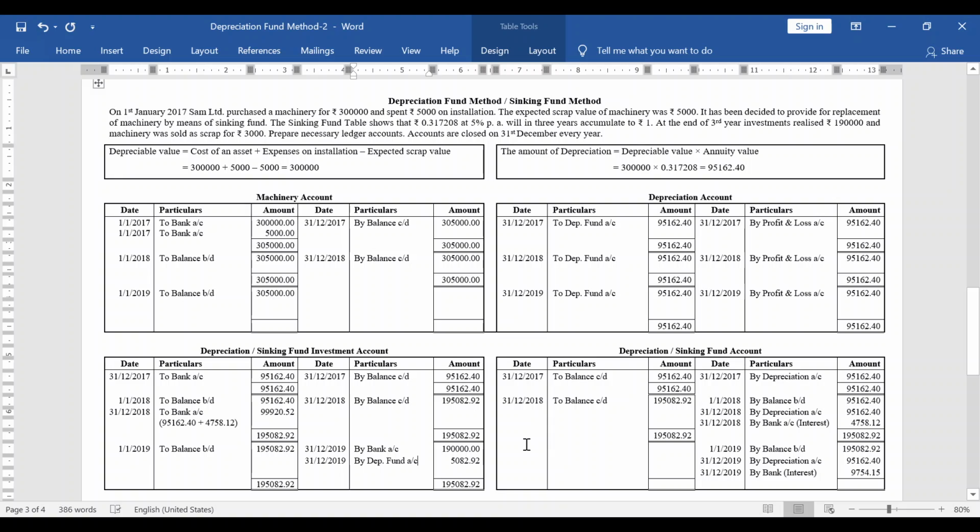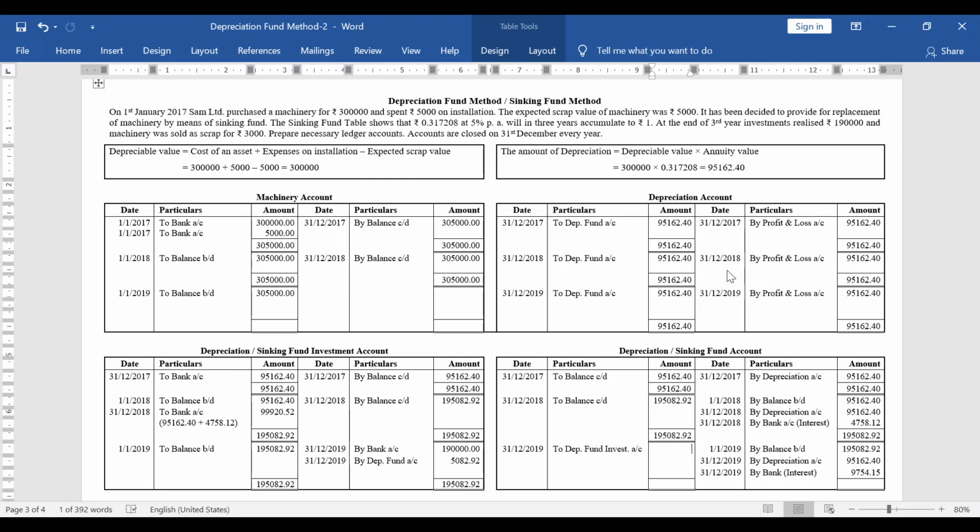So when the transaction is recorded in the depreciation fund account on 31st of December 2019, it is to depreciation fund investment account, that is loss on sale of investment, and the amount is 5082.92.